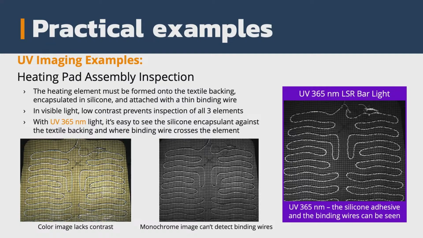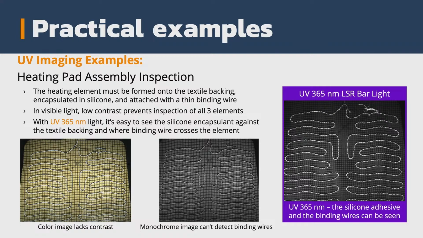And now the textile backing is getting very dark in the UV, while the silicone itself is beginning to fluoresce and give off light. And lo and behold, if you look real close or zoom in on that, you can see all the little gaps in the bright silicone, and that's where the binding wire is looping up and around there.